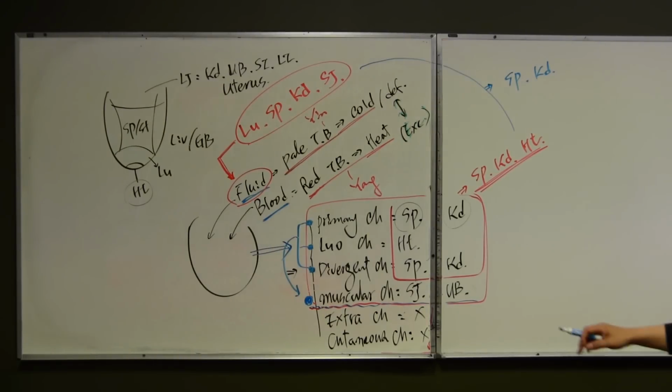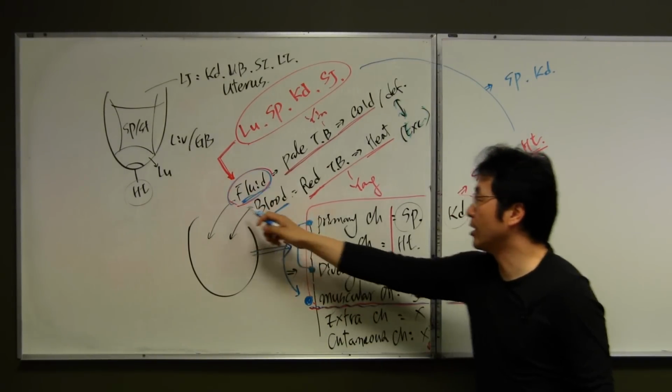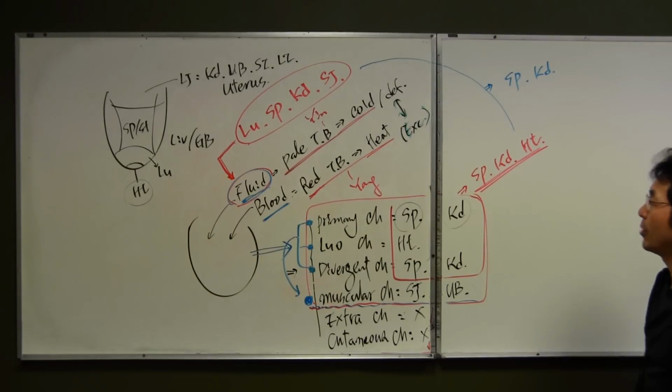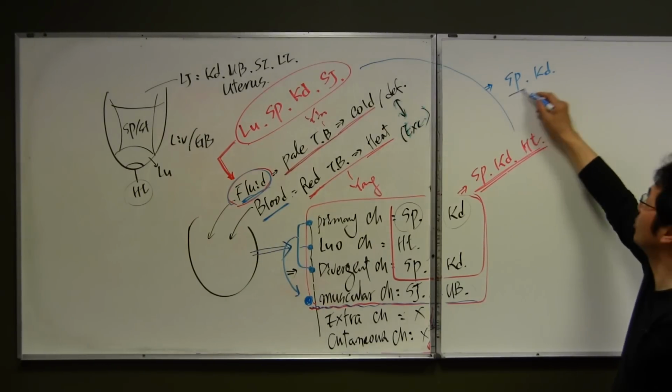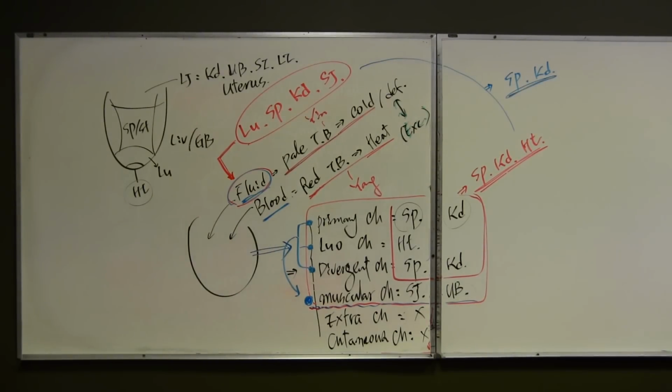Which means involved in fluid circulation and also has a direct pathway or direct channel connecting to the tongue. That will be spleen and kidney only. So these 2 are directly involved in the circulation of the body fluid in the tongue.